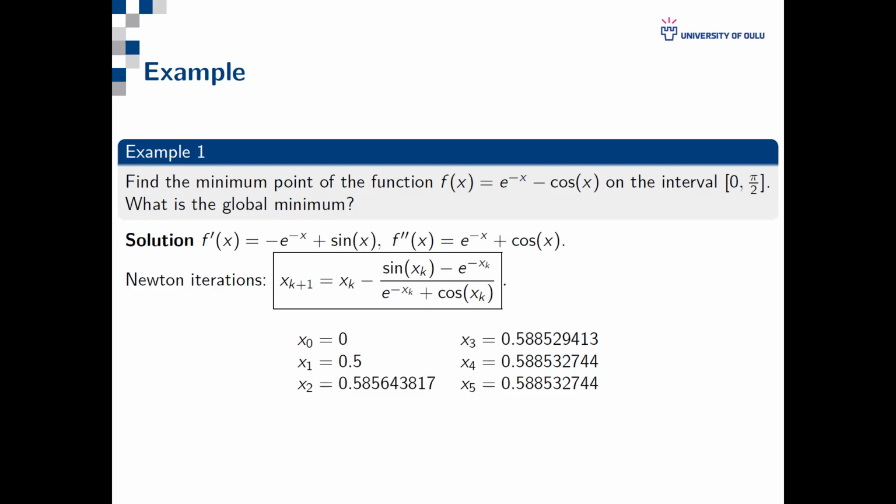So then we just start the iterations. I take any point on that interval, so I have started from 0. I compute using this iteration. Here is 0 minus 0 minus 1, and 1 plus 1.